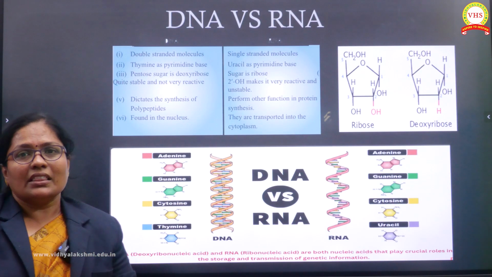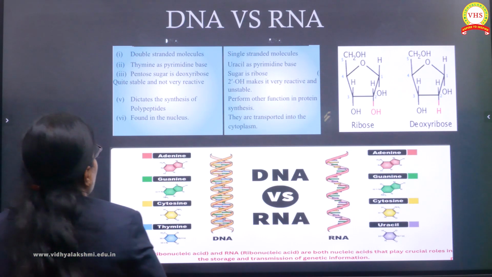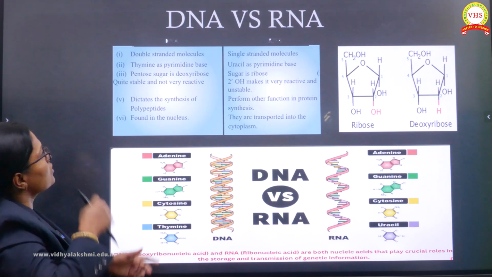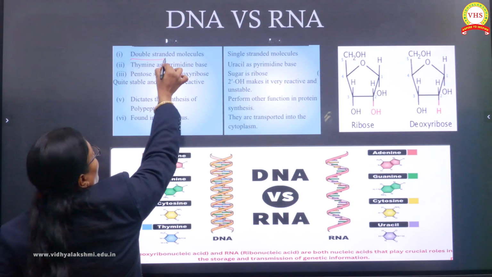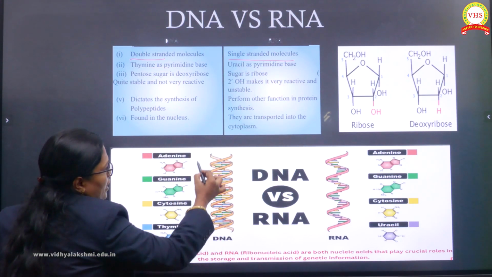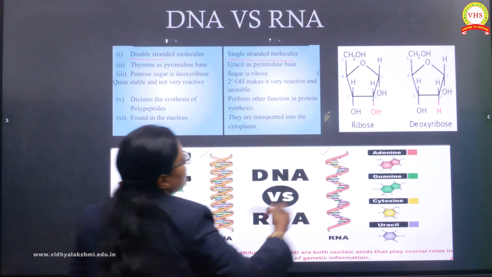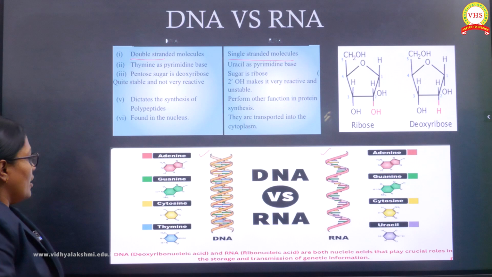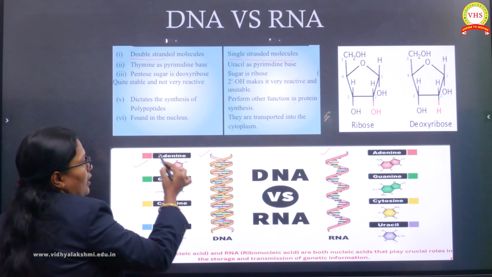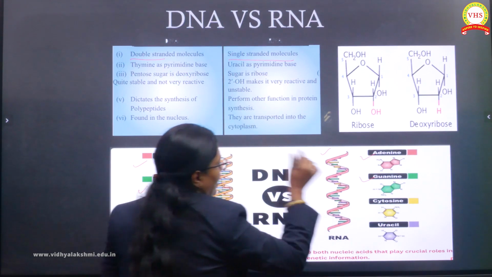Now let's learn the difference between DNA and RNA. DNA is always double-stranded, whereas RNA is always single-stranded. You can see the double-stranded DNA and the single-stranded RNA. Here, adenine, guanine, and cytosine are the nitrogen bases.